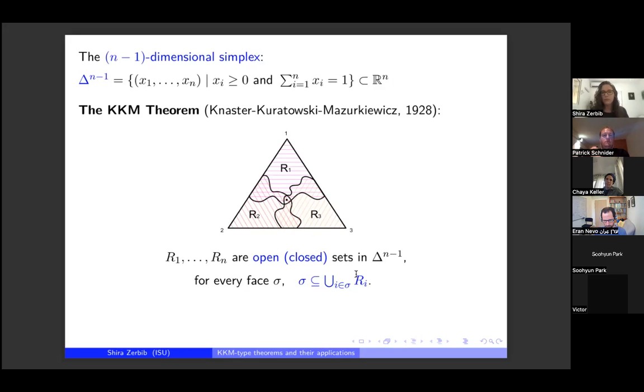If we have such a covering of the simplex, then the KKM theorem promises us that the intersection of all the sets is not empty, as we see here in this small example. And this example may be misleading because I picture the sets as connected sets, but there is no such condition. They can be any sets that are either open or closed and satisfy this covering condition.